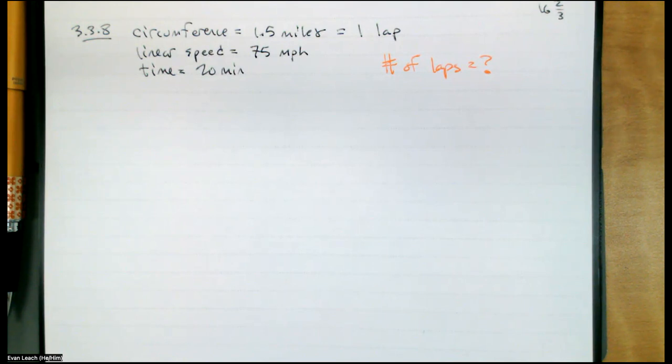Because once again, 75 miles an hour seems like something we should keep and make the minutes fit the hours. Otherwise, our miles per hour will become miles per minute.